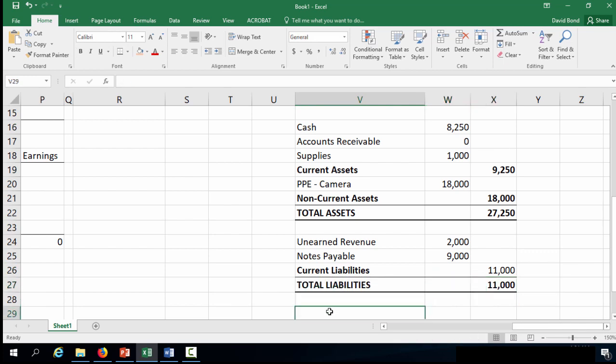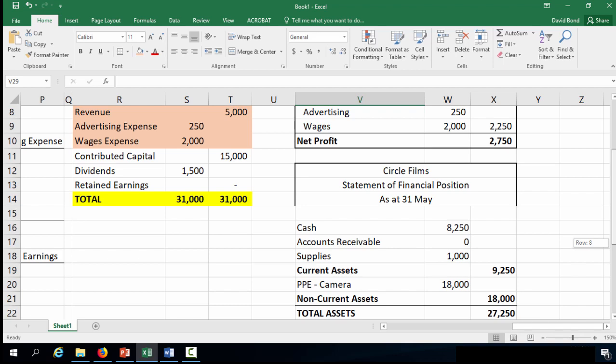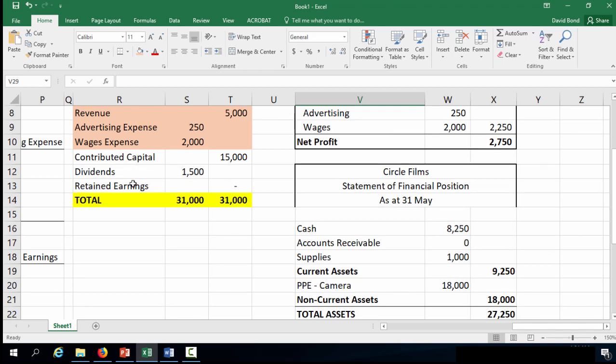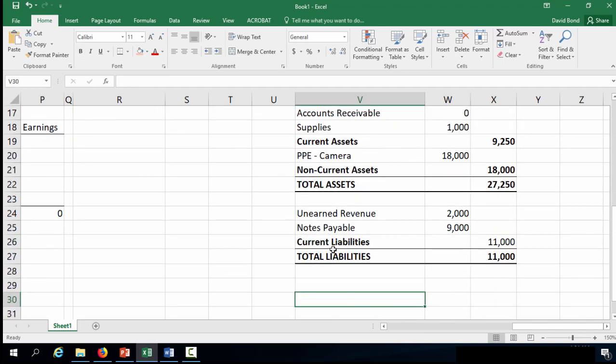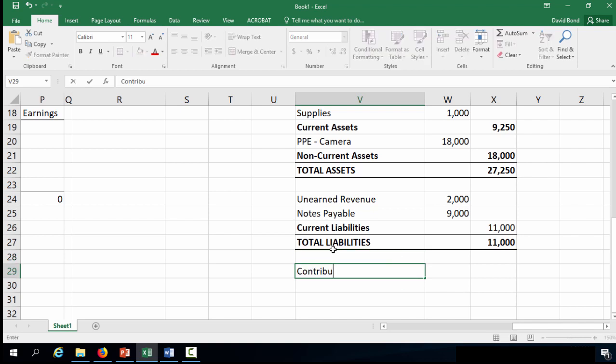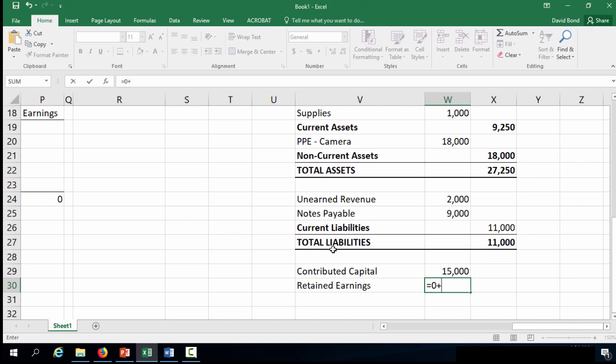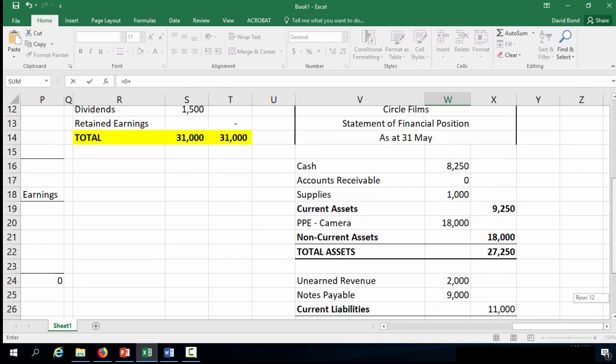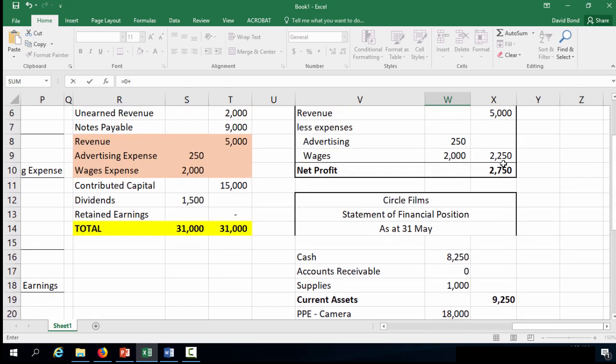And finally, we have equity, contributed capital, dividends, retained earnings. Contributed capital was 15,000. Retained earnings is the starting balance of 0 plus $2,750 in profit minus the dividends paid.